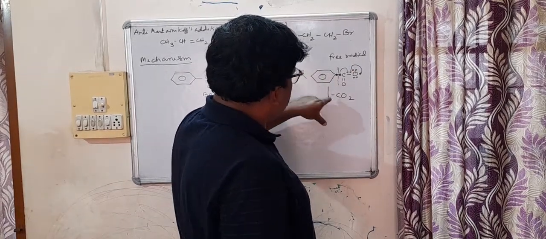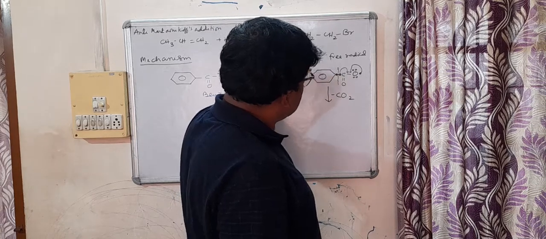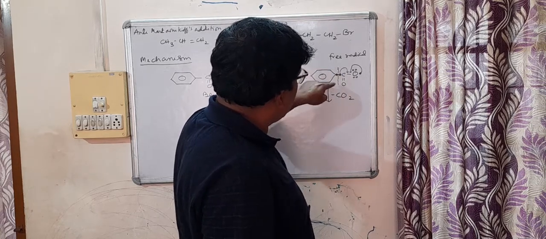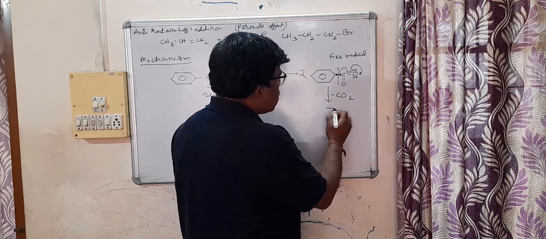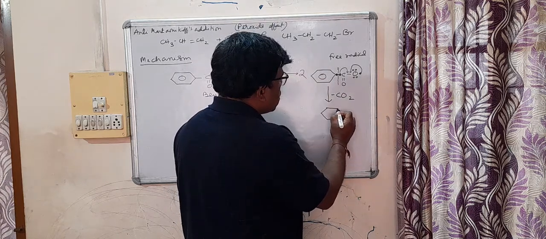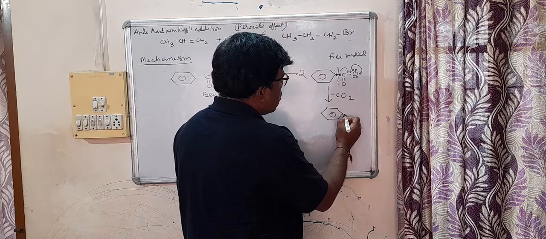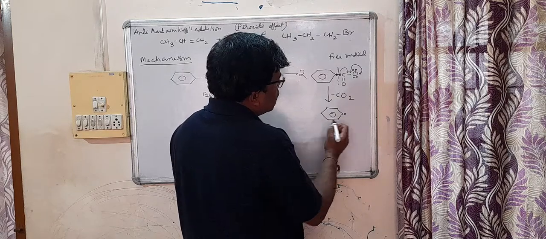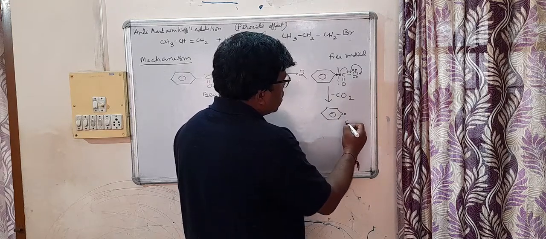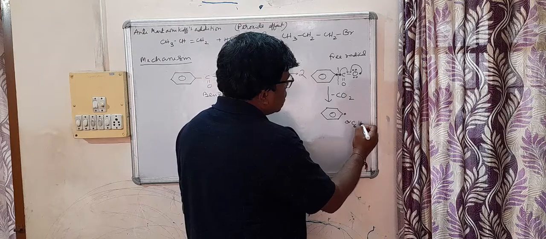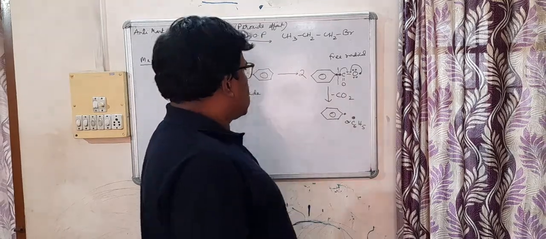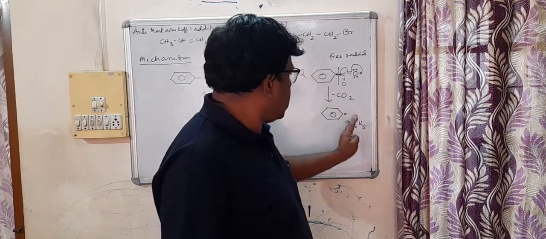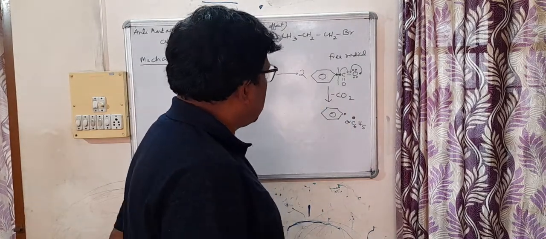That's why minus CO2, and this phenyl free radical is formed. This can also be written as C6H5 dot. So this step is the formation of phenyl free radical.